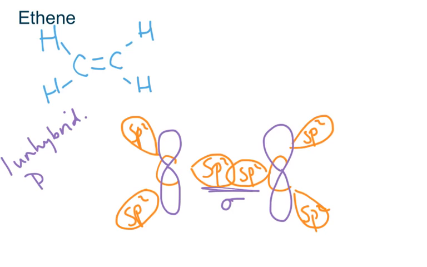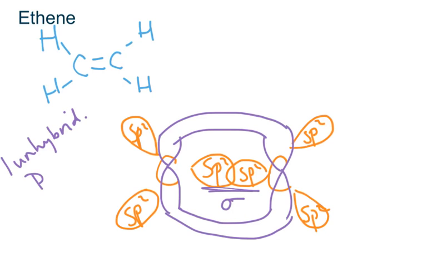So what's going to happen is we're going to have a sideways overlap between these unhybridized p orbitals, and they're going to bend and stretch so that the top lobe to the top lobe bond, and the bottom lobe to the bottom lobe bond together, making a pi bond. So this is my little pi bond.